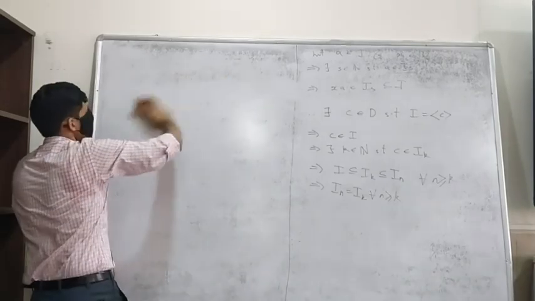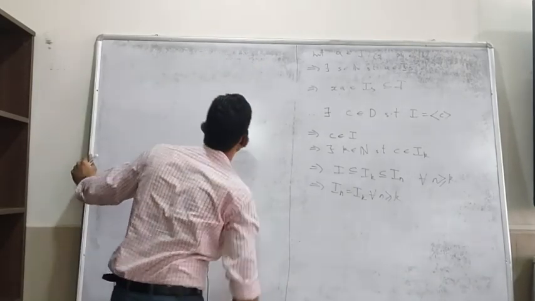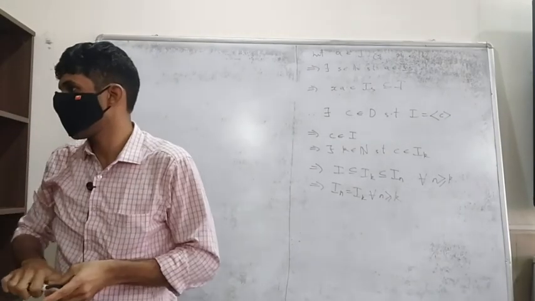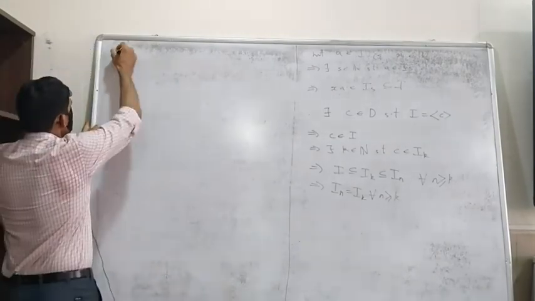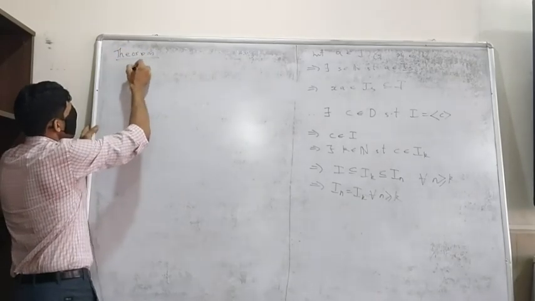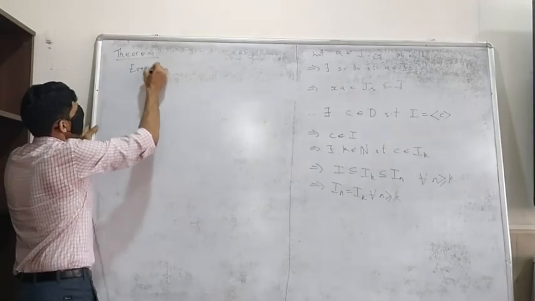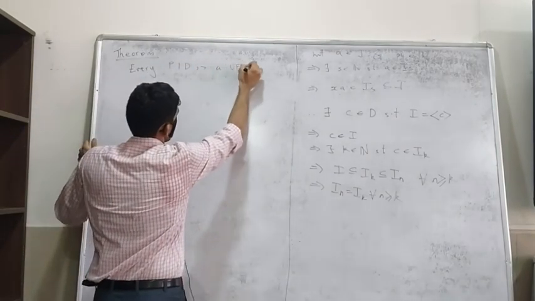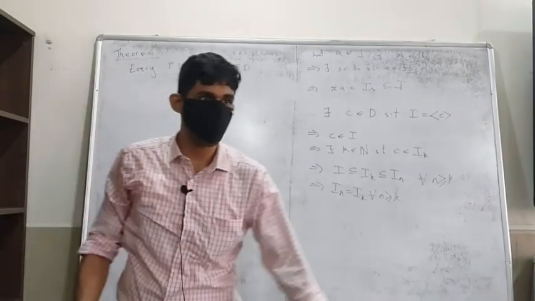So there are two parts to this proof: every PID is a UFD.